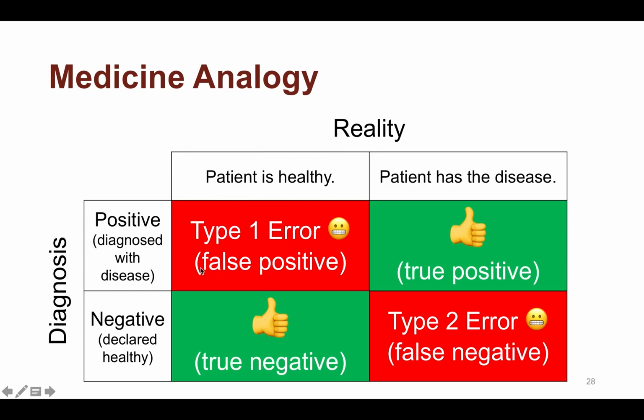But if it's something like amputation, then that would be pretty bad, to have to amputate a limb if they didn't actually have a problem. So it really just depends on the situation. You might think in medicine probably a type 2 error is worse because they're not going to be treated for a disease that they actually do have.